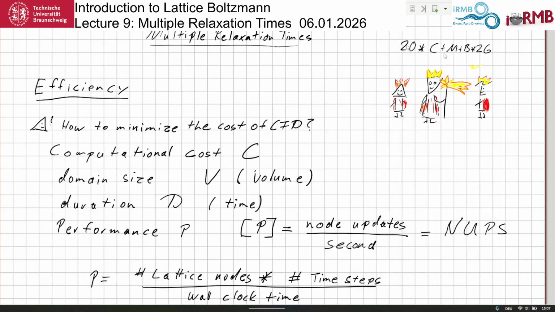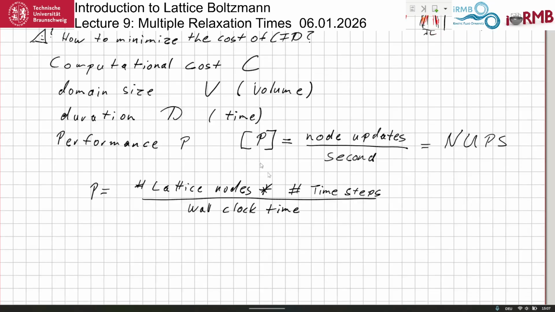So you have a volume, which translates into a number of lattice nodes, and your duration translates to a number of time steps. Now you run this simulation, and this will take some time, and this is then your performance.